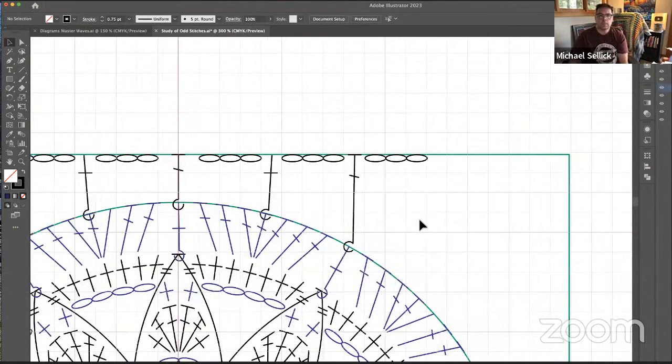Okay, got that. So the corners are in the trebles, so there's going to be trebles.